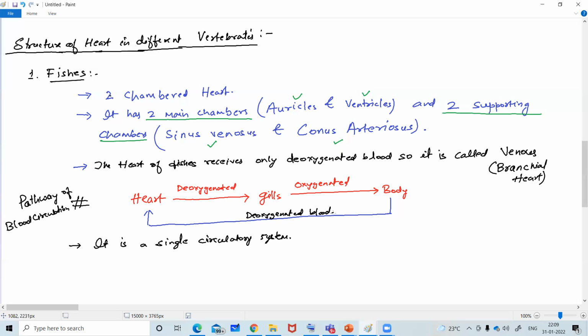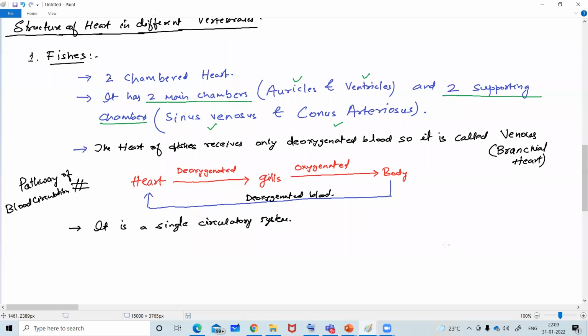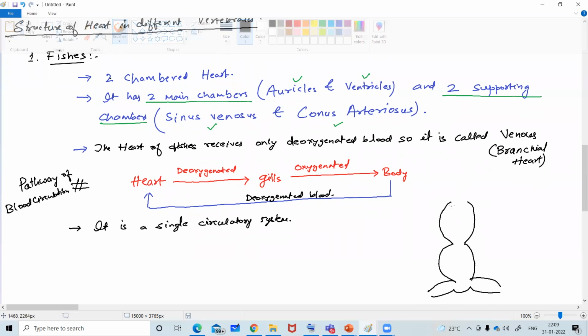Right? If you want to see how the diagram looks, let me draw a block diagram to explain, so you can understand like this. Okay, so there is quite a depression here like this.